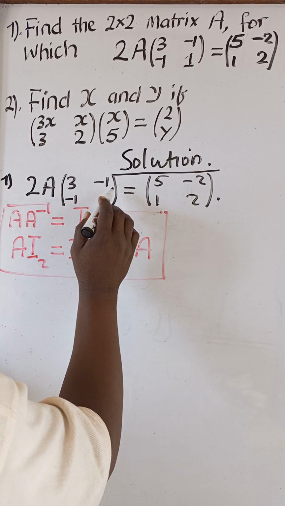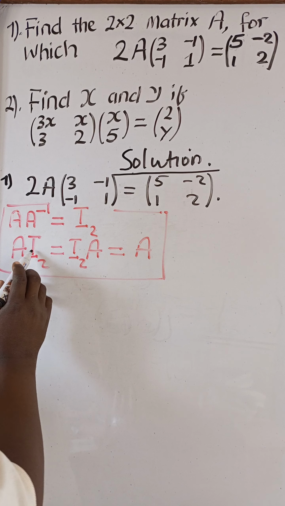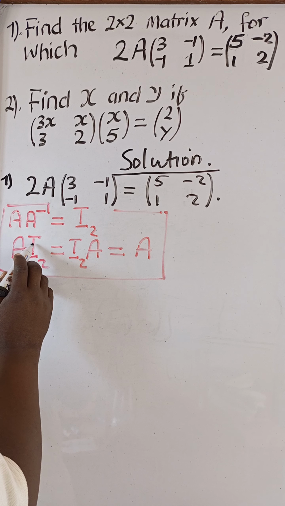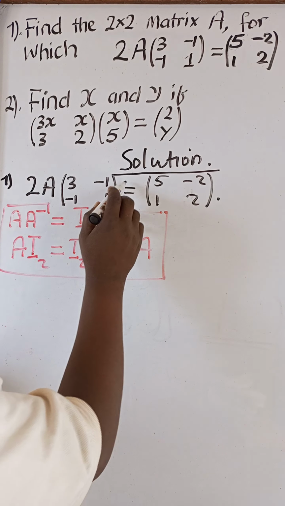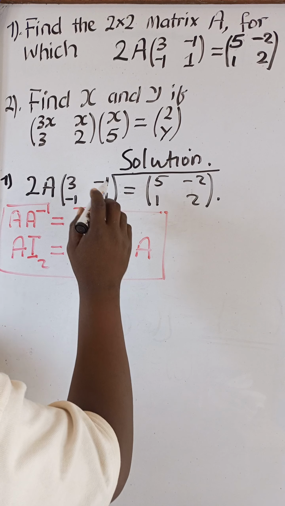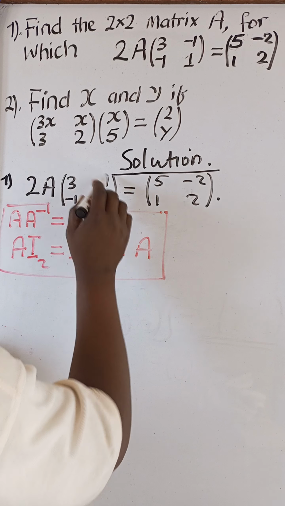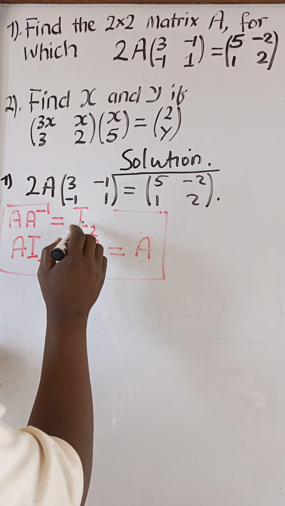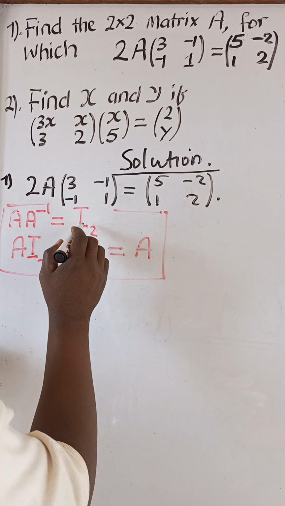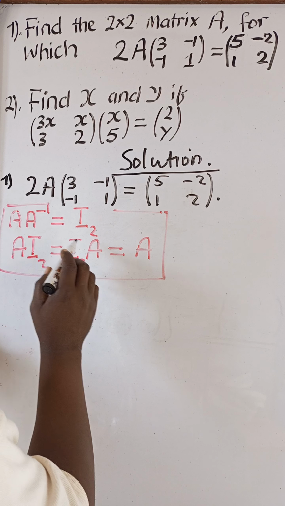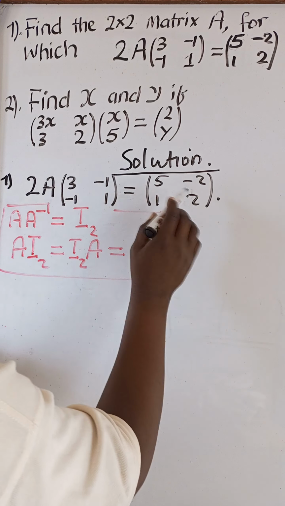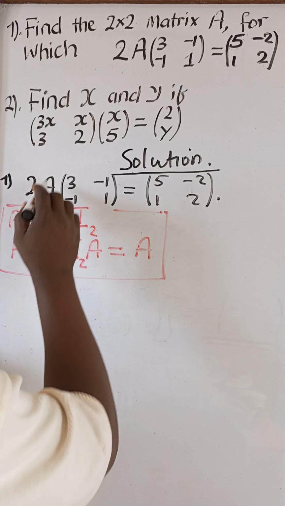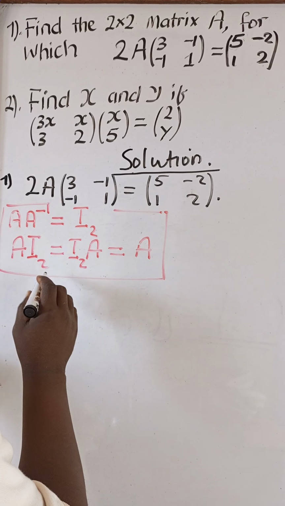When we post-multiply this matrix by its inverse, we're going to obtain the identity matrix. So the next step will be to post-multiply both sides by that inverse.